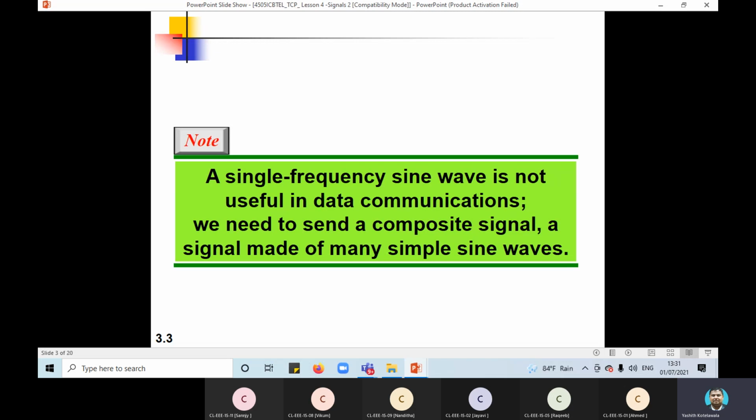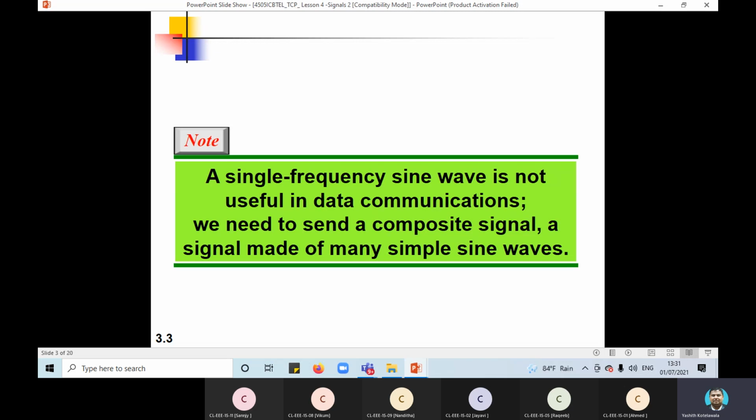Single frequencies are not useful. Then we have to look at what sort of sine waves, or what sort of waves, do we need for data communication, or what sort of waves cater to the requirement for data communication.